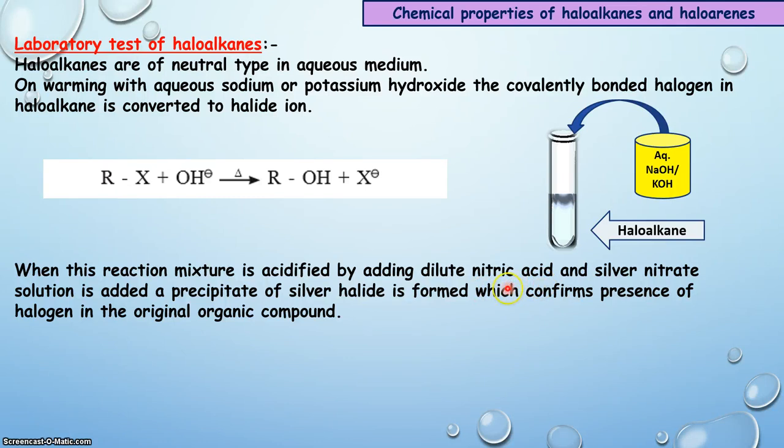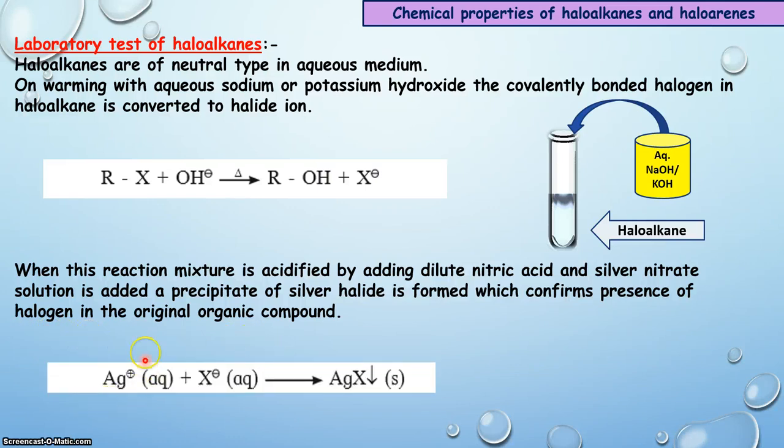Here we are adding dilute nitric acid to prevent the reaction between unreacted OH- ion and the silver ion, because after adding nitric acid we are adding silver nitrate solution. After adding dilute nitric acid and silver nitrate solution, we will get a precipitate of silver halide that confirms the presence of halogen in the original organic compound.